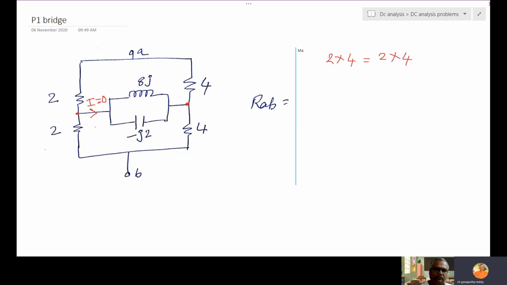Current 0 means you can think of this branch as open. When it is open, 2 plus 2 is 4, which is parallel with 4 plus 4, 8. So this is equal to 4 into 8 by 4 plus 8, 12.